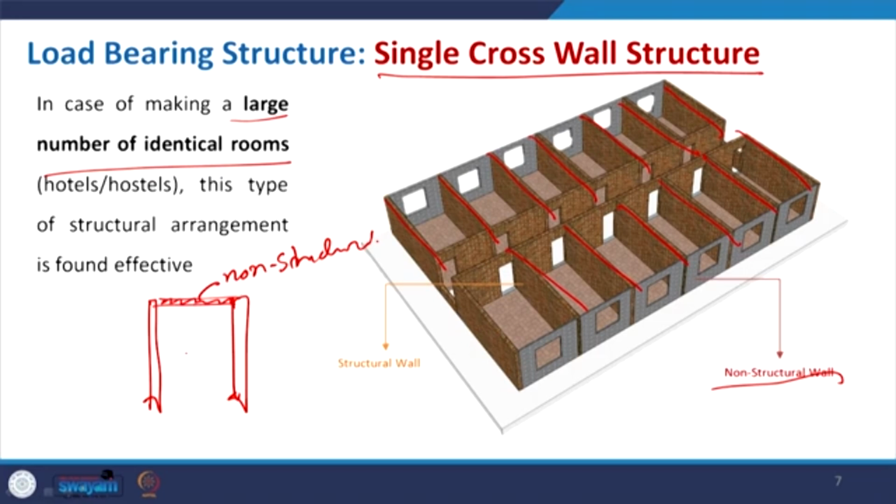In that case the load will be transferred to the parallel walls. So, the main load bearing walls will take care of the load. If you place another wall here, some portion of the load will also transfer to this wall. So, this is one kind of arrangement, which is single cross wall, and the main reason is to create the opening and have more light inside the building.